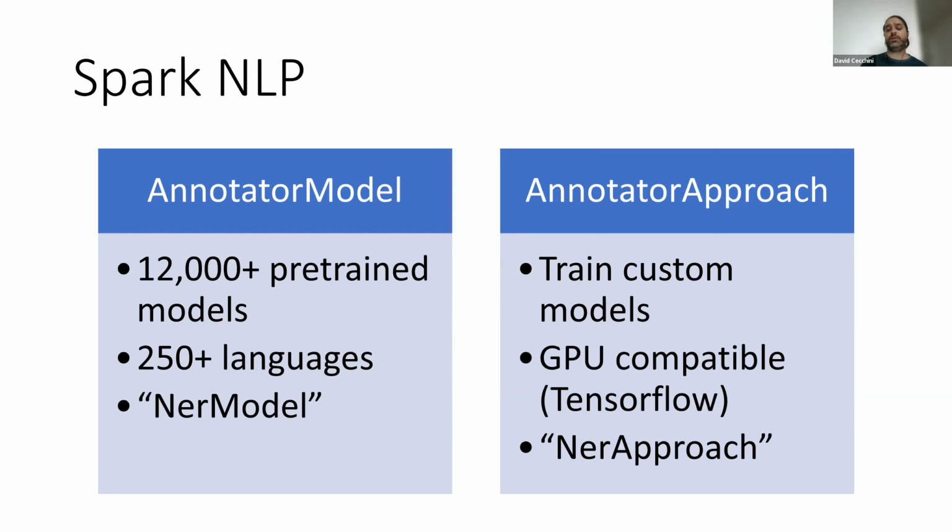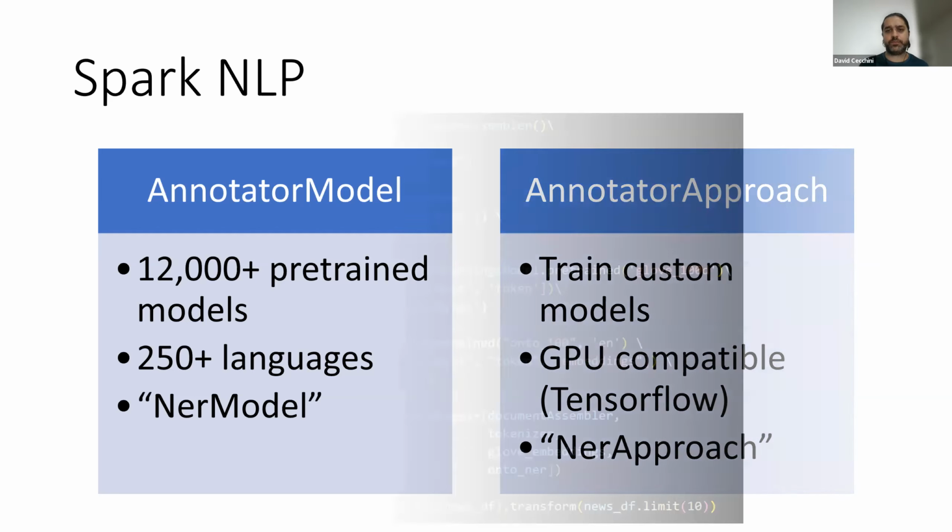So NER model is the name of the annotator, and you can use many pre-trained NER models to tackle different entities and different problems. And the other type of the annotator is the approach, which is the one that is used to train new custom models. It is compatible to GPU because it uses TensorFlow in the backend, and it's just change model by approach in the name of the annotator.